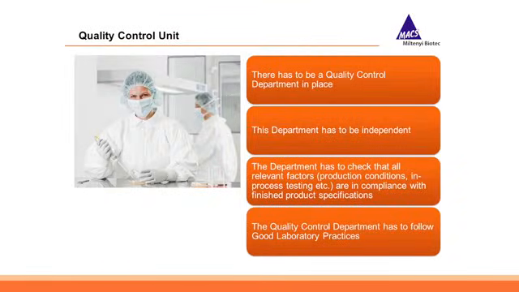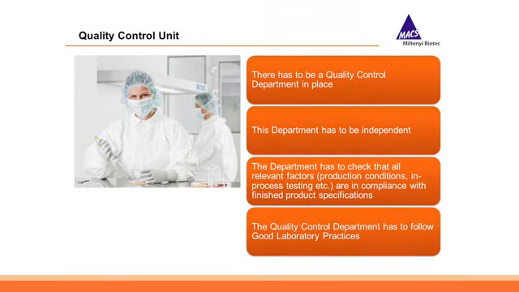One main part of the manufacturing is the quality control unit. Both guidelines state that there has to be a quality control department in place. It is of utmost importance that this department is independent from the manufacturing. This department has to check that all relevant factors during the production, for instance, production conditions, in-process testing, and so on and so forth, are in compliance with the final specification.